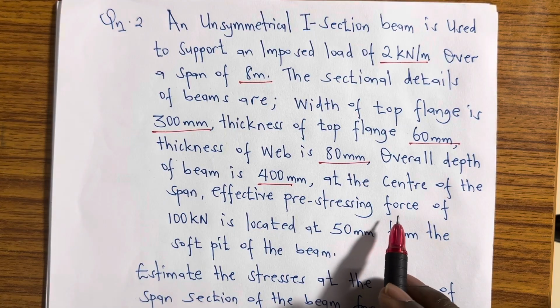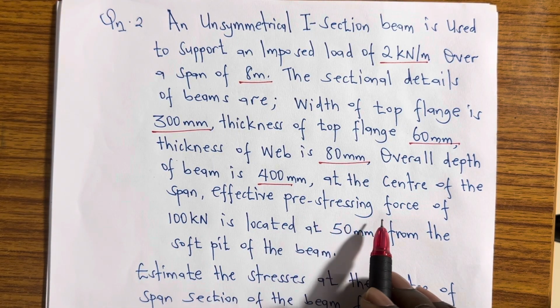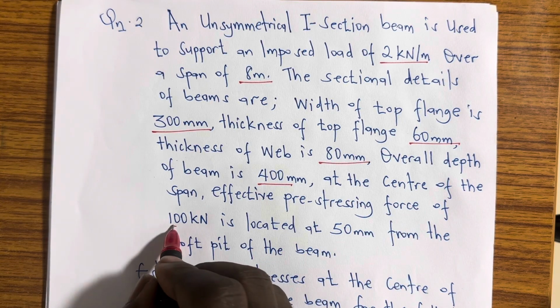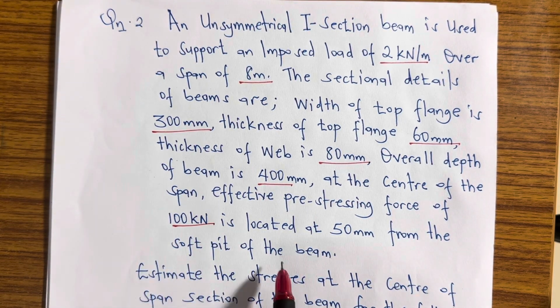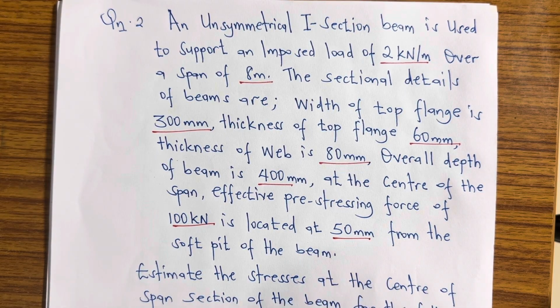At the center of the span, an effective prestressing force of 100 kN is located at a distance of 50 mm from the soffit of the beam. That means from the bottom of the beam.